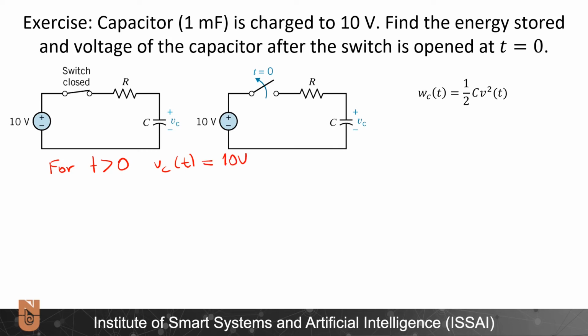Now we need to find the energy stored in this capacitor. The energy stored in this capacitor will be equal to 1 over 2 C times V squared, and V is a function of t, but here V is constant.